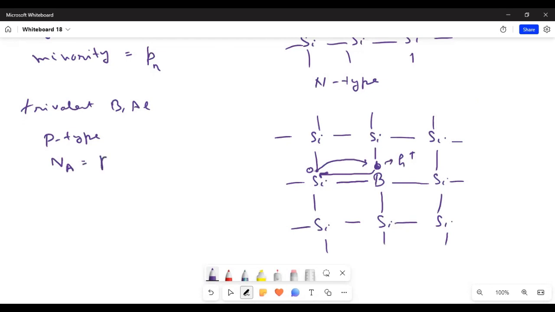It will generate a number of holes, p, and they will be the majority, so p on the p side. Similarly, there will be minority charge carriers, which will be electrons. On the p side, holes are the majority and electrons are the minority.